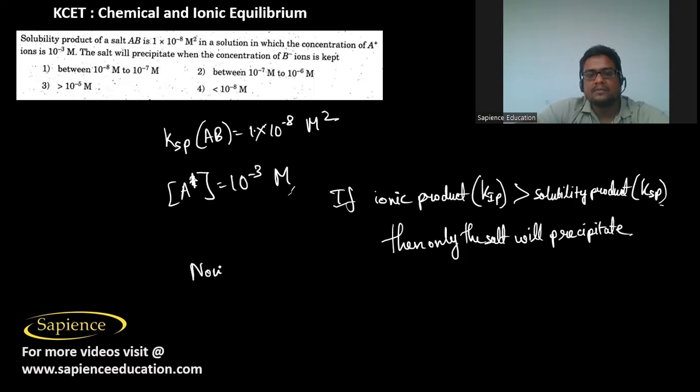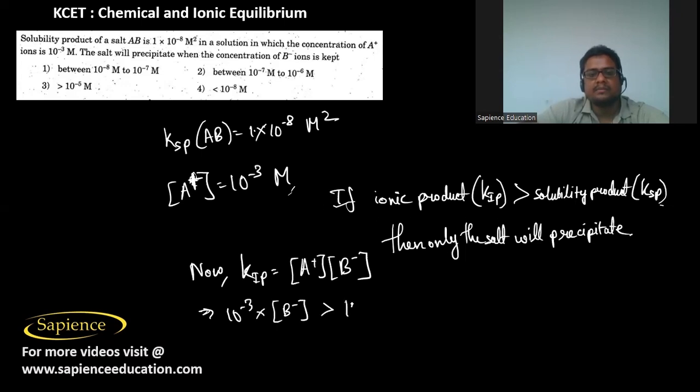Here the ionic product is the concentration of A plus times the concentration of B minus. The concentration of A plus is 10 power minus 3, so 10 power minus 3 into concentration of B minus should be more than KSP, that is 10 power minus 8.